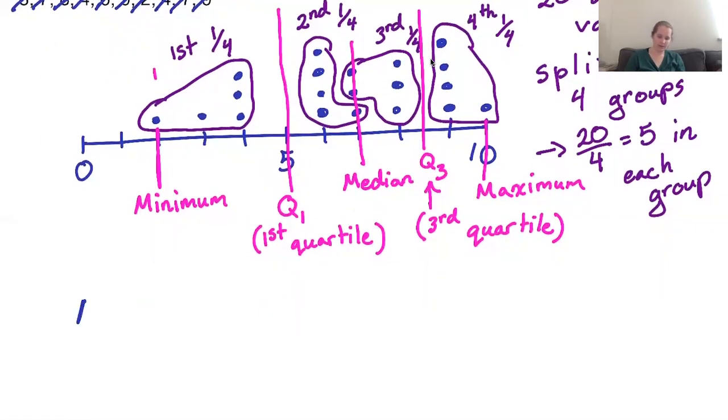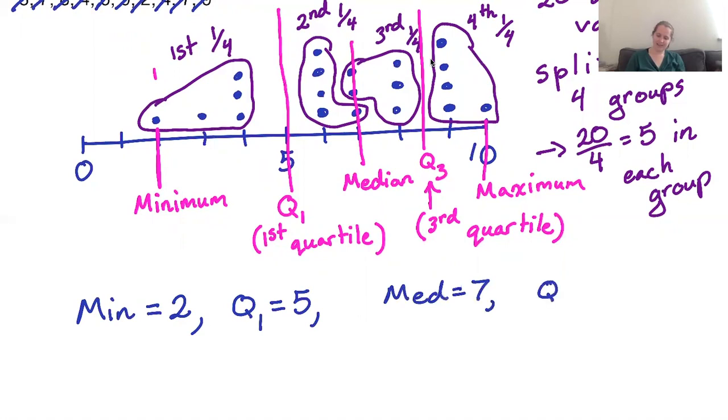Our minimum was 2. Our Q1 is 5. Our median is 7. Q3 is 8.5, halfway between 8 and 9. And our max is 10.